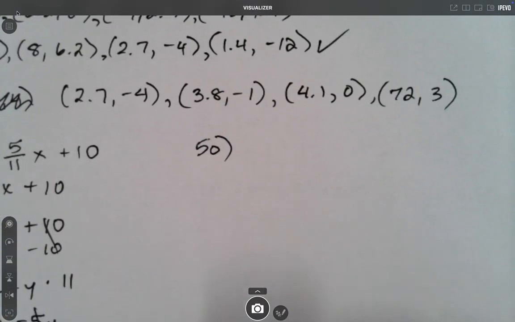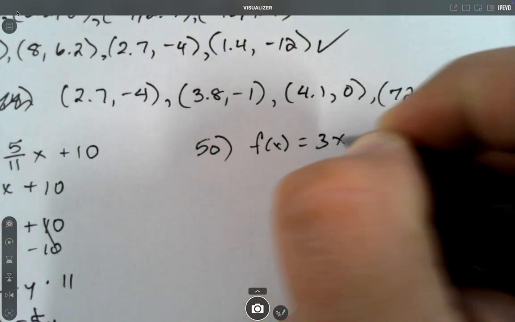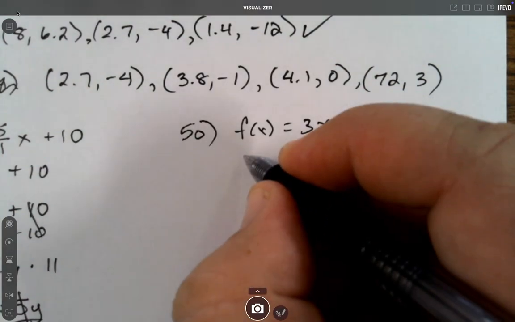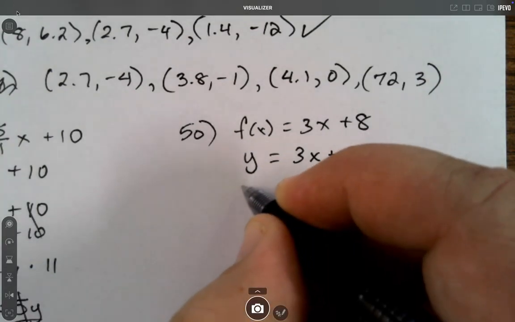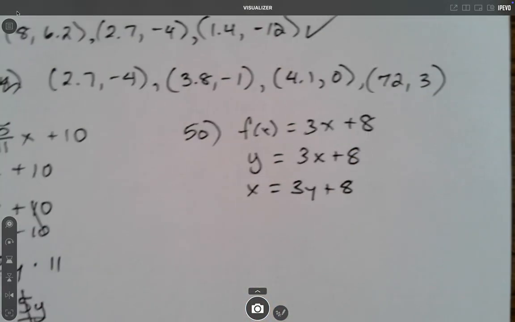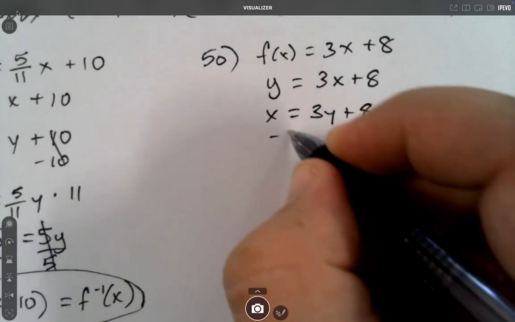Okay, so we'll follow those same steps on number 50. It's f of x equals 3x plus 8. So we replace the f of x with y. We swap the x and the y. Then we get y by itself. I subtract 8 from both sides to start with.